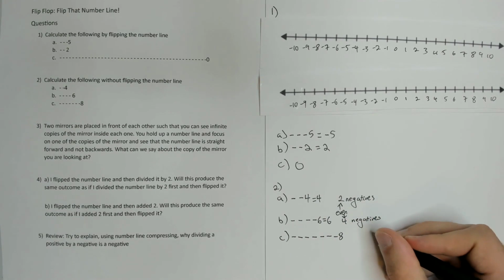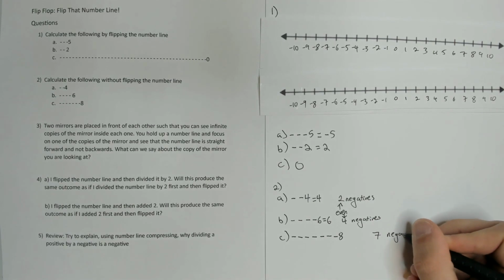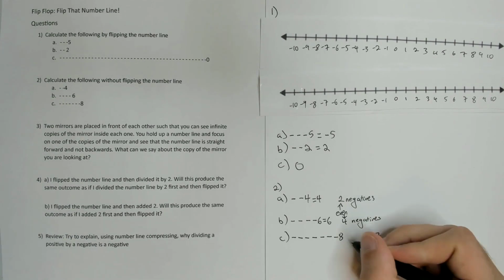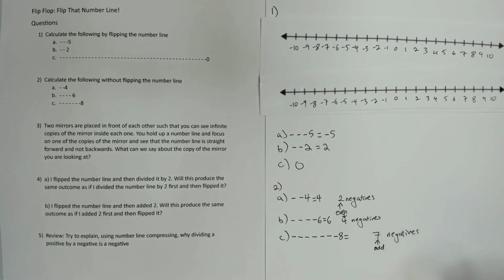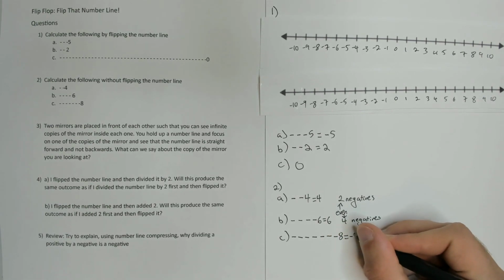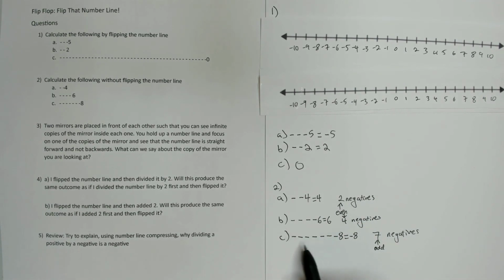And so that's an odd number of negatives, right? 7 is an odd number. So that means an odd number of flips means we're ending up on the opposite side from where we started. And if we started with 8, the opposite side of 8 is negative 8. So an odd number of negatives will result in a negative number, so we get negative 8 as the result.